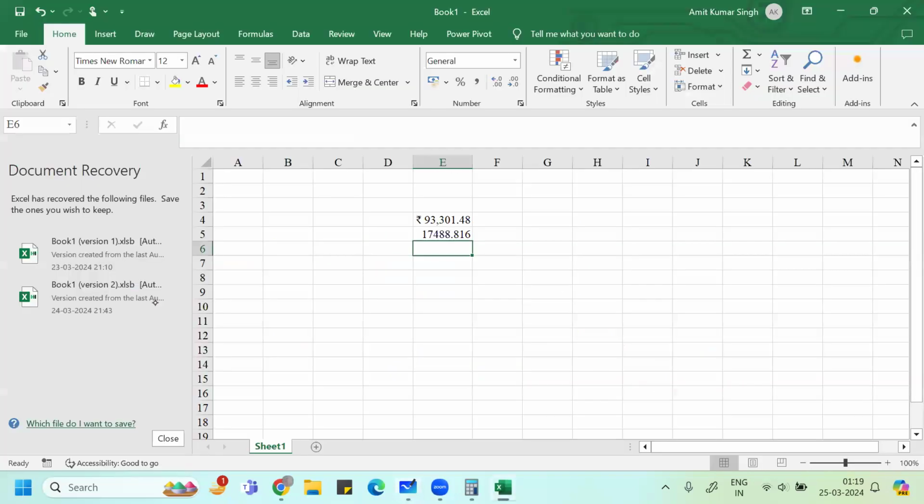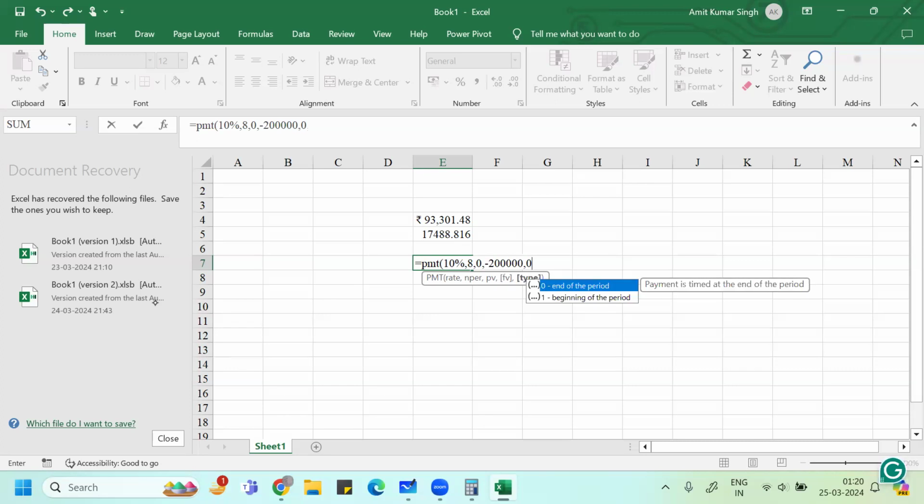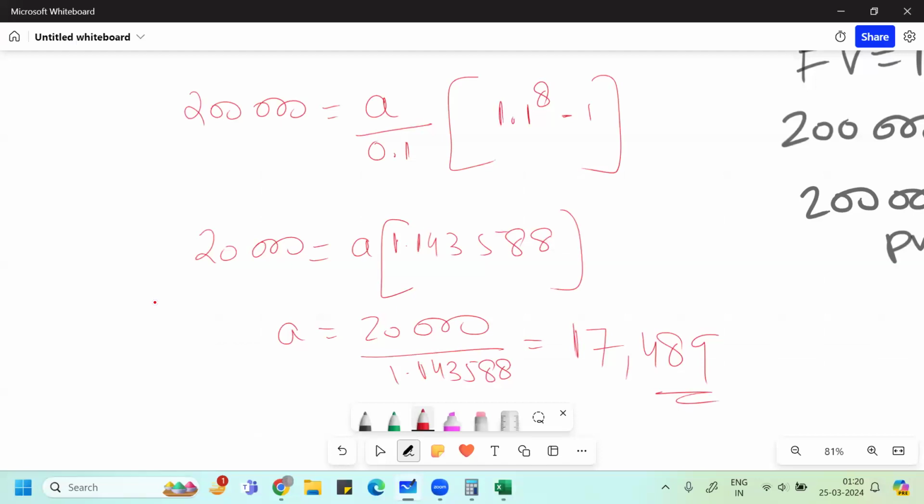The same thing, if you want to do in Excel, not PV, you have to use the PMT function. The rate is 10%, the number of periods is 8 years, present value you don't know, future value is 2 lakh, and the type is 0. You will get 17,488.8, the same thing I got.